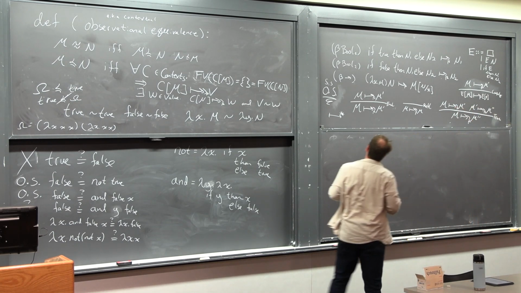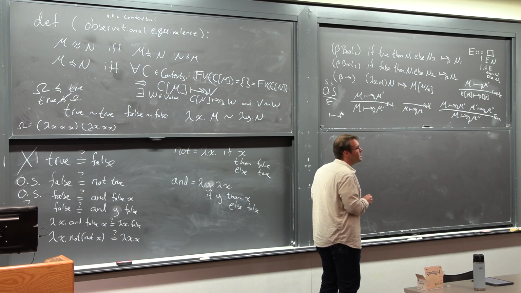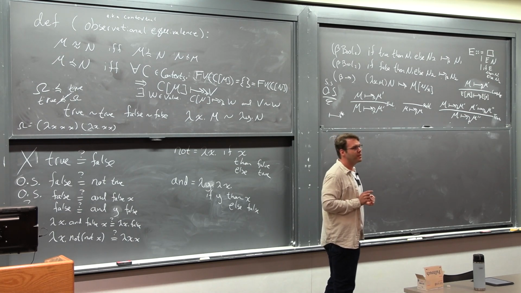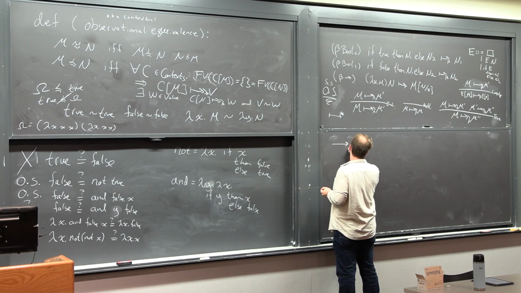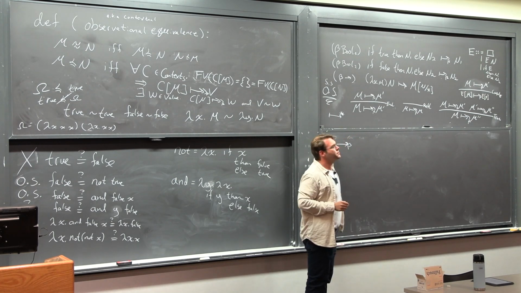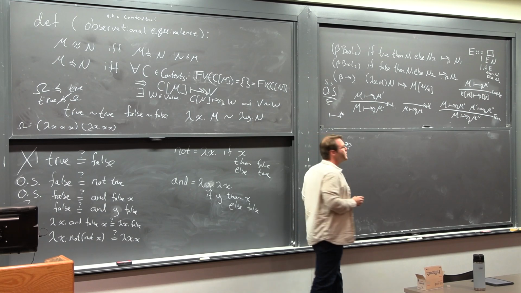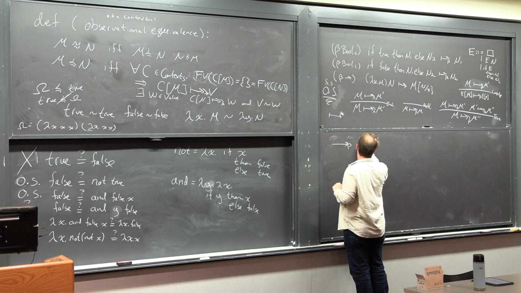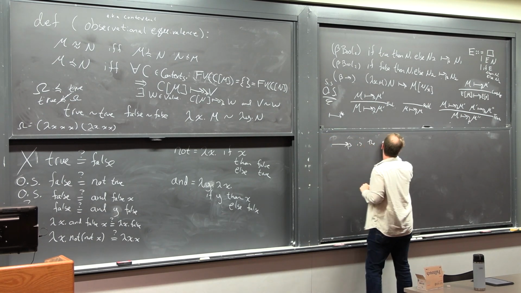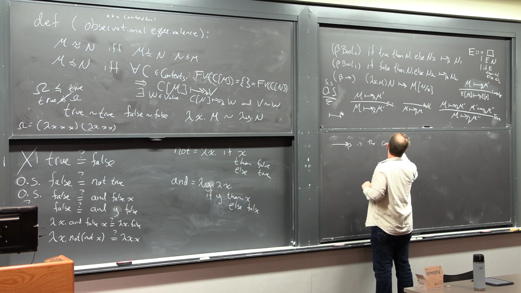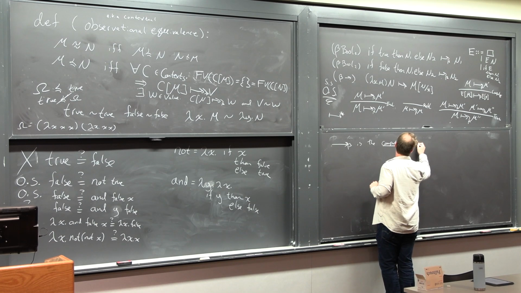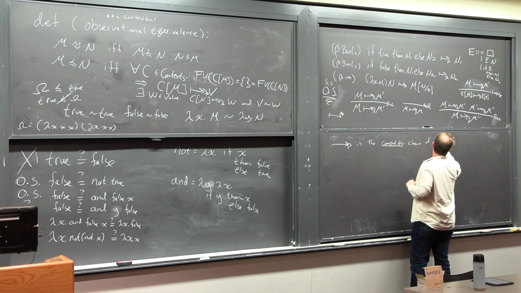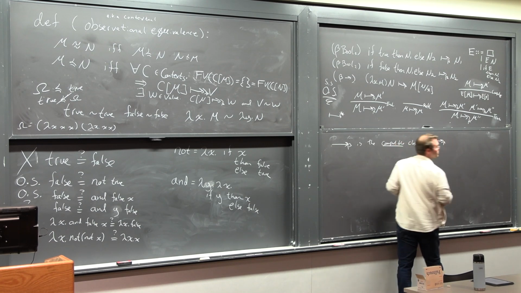Now I want to introduce the idea of a general reduction. So I'm going to have a general reduction arrow. It doesn't have the little tail on it. And this is going to be the fully compatible closure of the operational semantics.